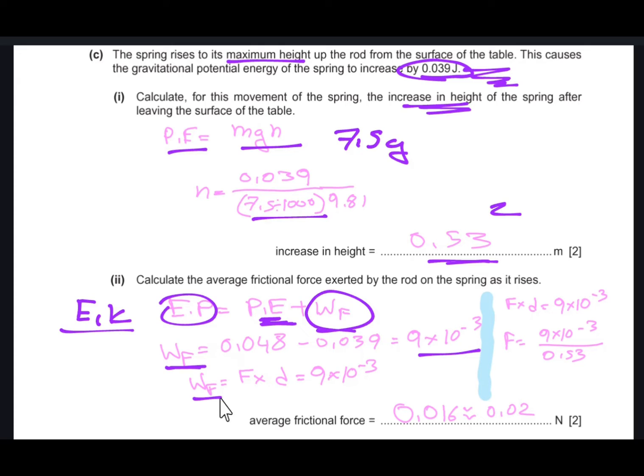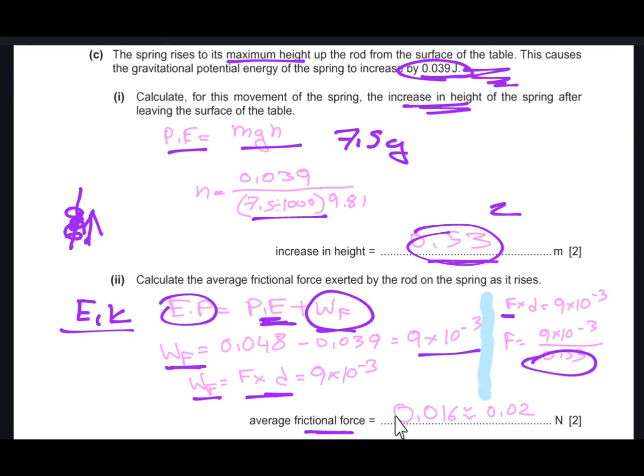So we know that work done by friction is equal to force into distance. So the average frictional force comes to be work done by distance, and the distance we know is the increase in height. Since the spring is moving vertically, its increasing height would be the distance. So the distance is 0.53.